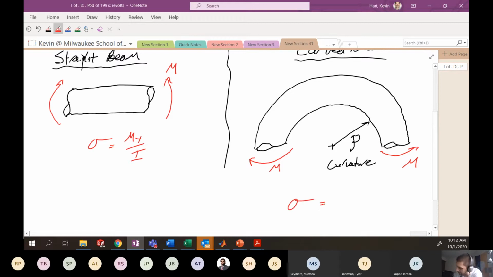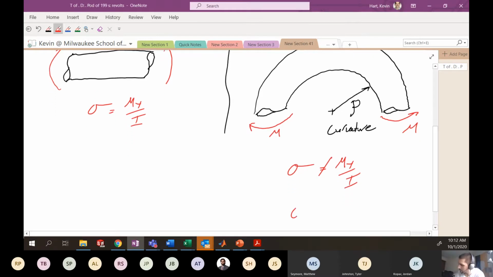So here the stress is not My over I. It's something else. And we're going to go through the derivation today to show what that something else is. So we'll say it's a mystery until 1 hour from now when it's not a mystery.